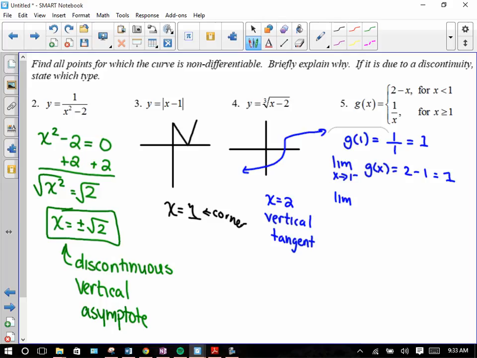The limit as x approaches 1 from the right of g of x is equal to 1 over 1, which is equal to 1. So this function is continuous. We checked to see that it's continuous. But our next question would be, is it differentiable at 1?